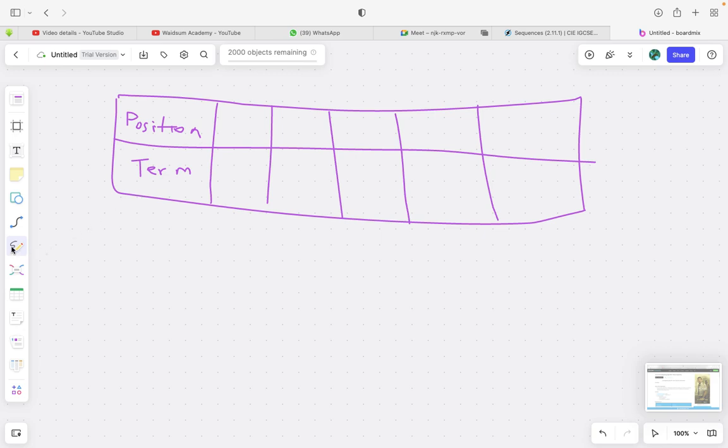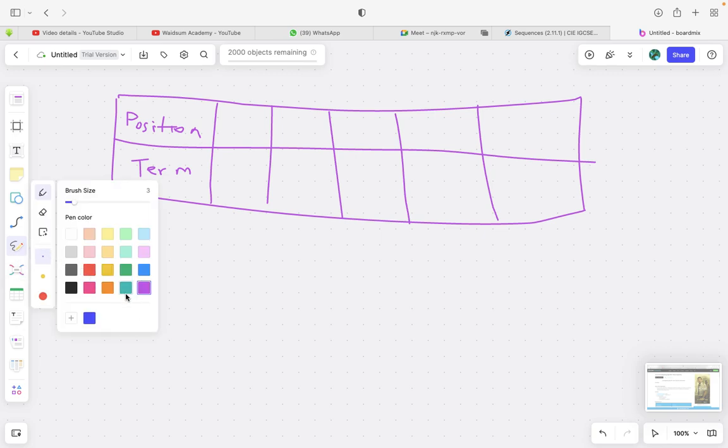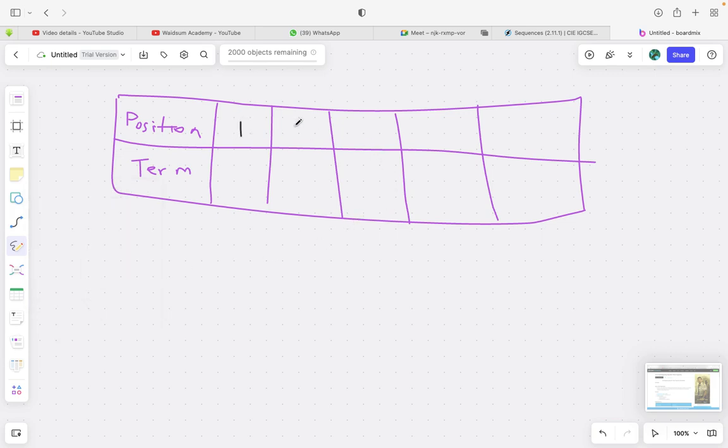Let's change the color to maybe black. Here's my position 1, position 2, position 3, position 4, and position 5. I can even include the nth term, the last term of the sequence.